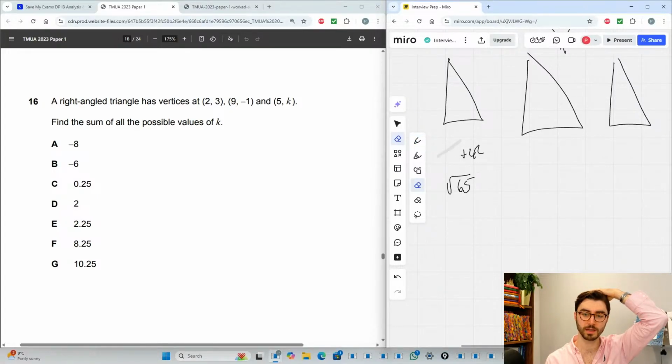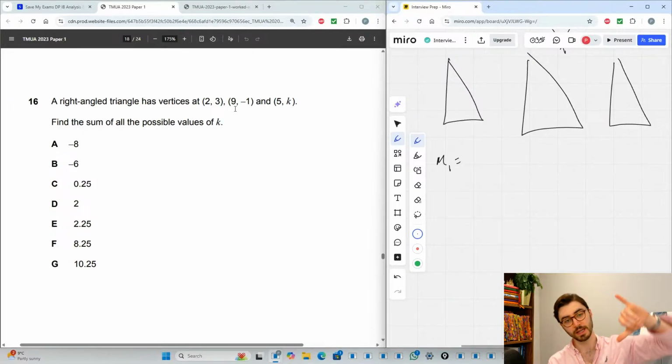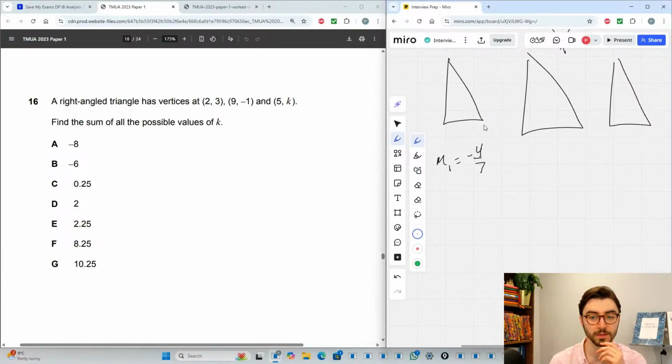No, let me instead do this by gradients. So the gradient here, one of the gradients locked in, it goes down 4 for going across 7. So finding out where that's perpendicular.